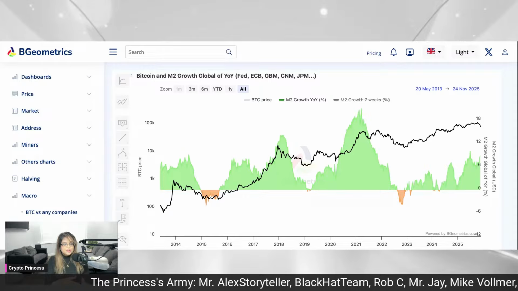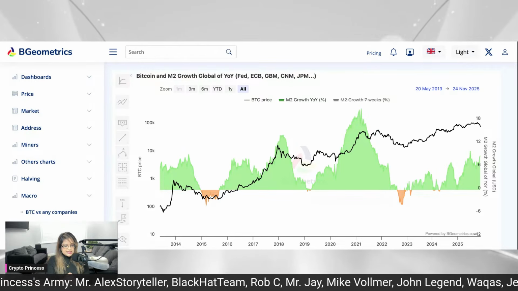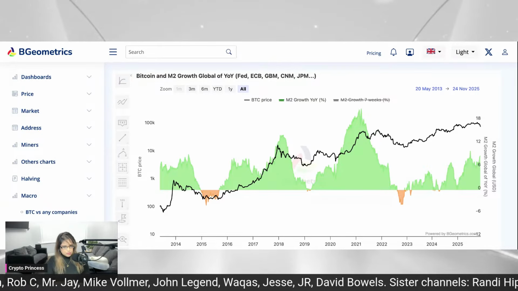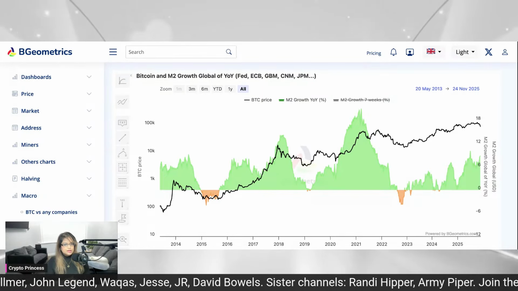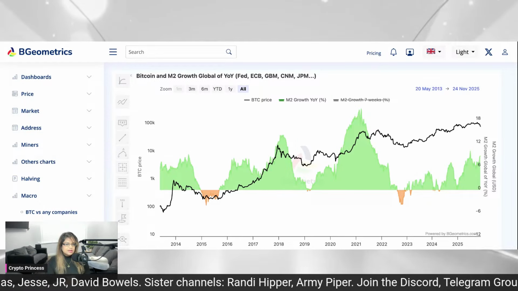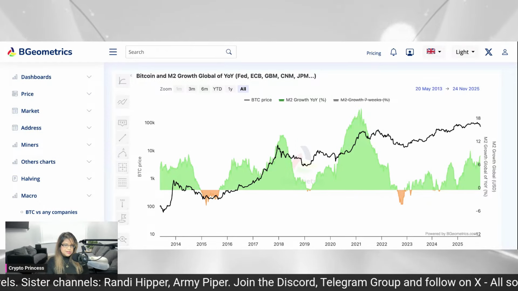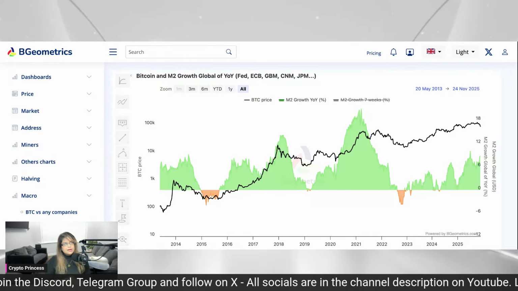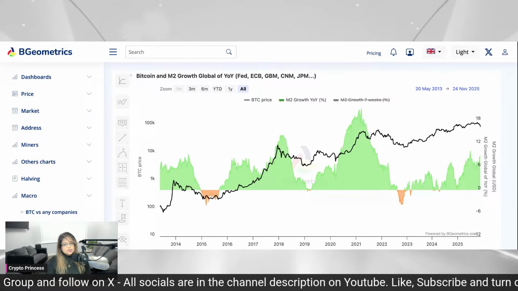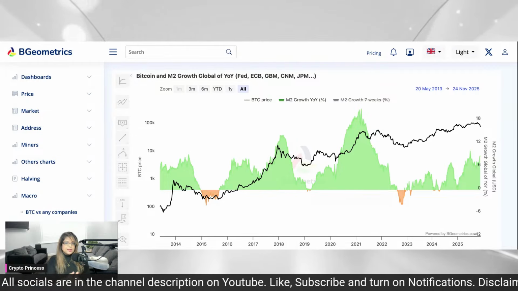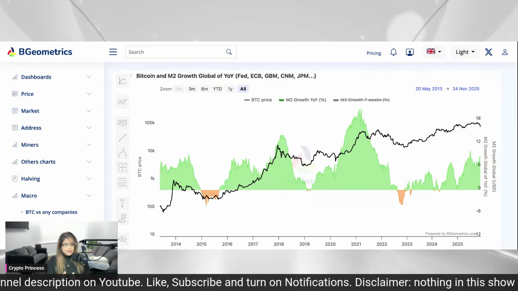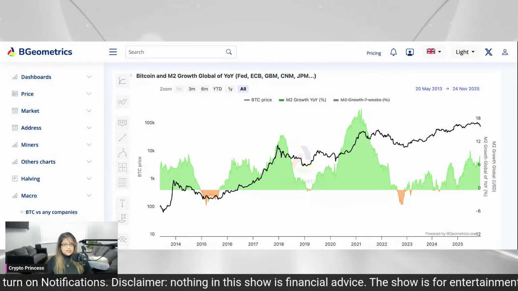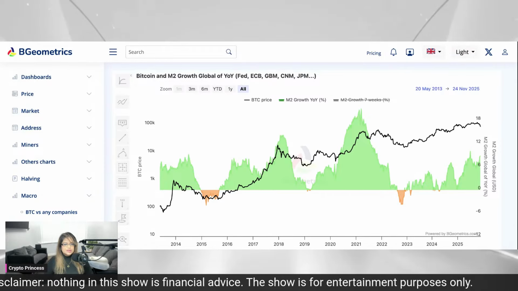So that's when we use the smaller 86-day lagging indicator. When the money goes into the stock market, it stays there a little bit longer, and that's why we use the 3 to 8 week lag. And it takes about 8 to 6 weeks for it to go into Bitcoin. So money goes to the bond market first, the stock market, and then Bitcoin. And that's why these two indicators match.